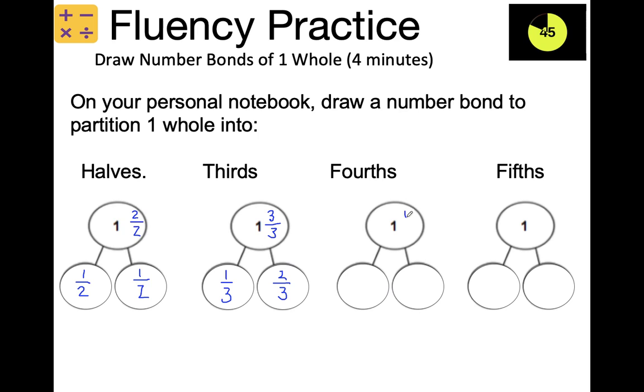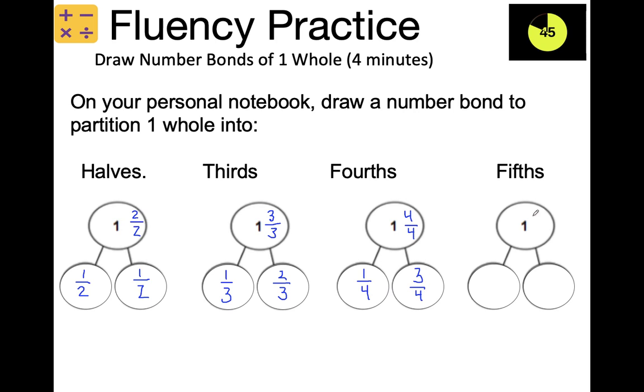Okay, for fourths, we have 4 over 4. 4/4 equals 1 whole. If I have 1/4, what do I need to add to 1/4 to get 4/4? I need 3/4. And I know that you guys got that.